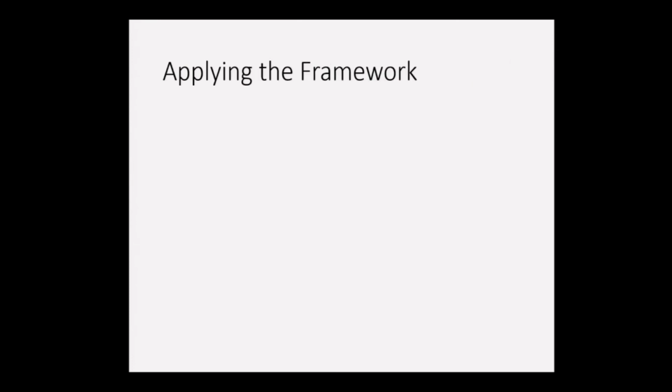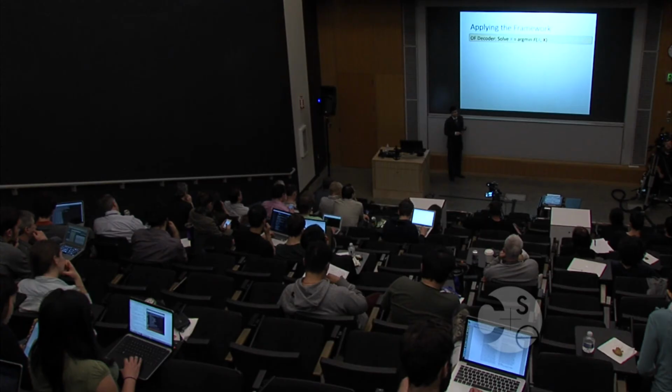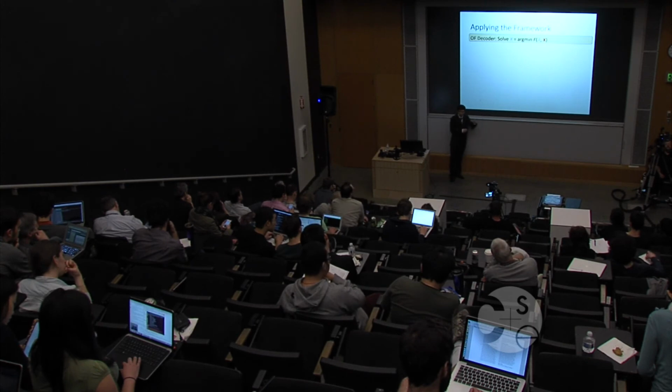So how do we apply this framework to our sparse coding problem? There are some problems, because recall that in Olshausen-Field, we find this optimal sparse code X by solving this convex optimization problem. This problem is well behaved, and people were able to analyze it if A has some nice properties, for example the incoherence assumption that we were assuming.